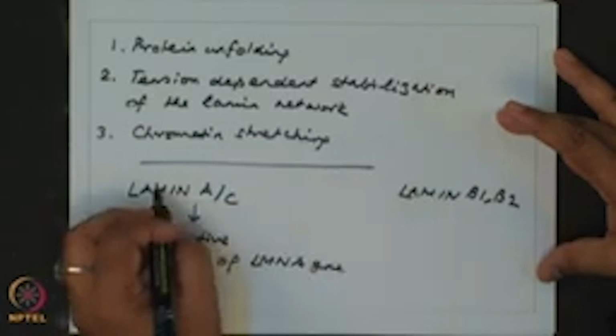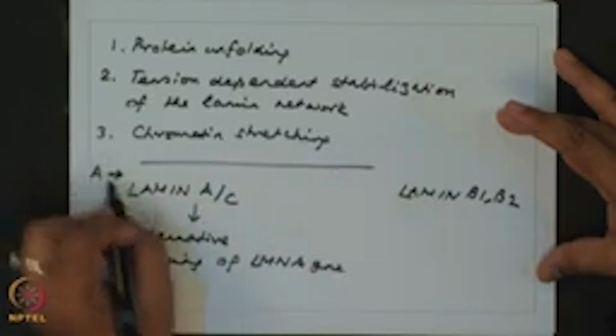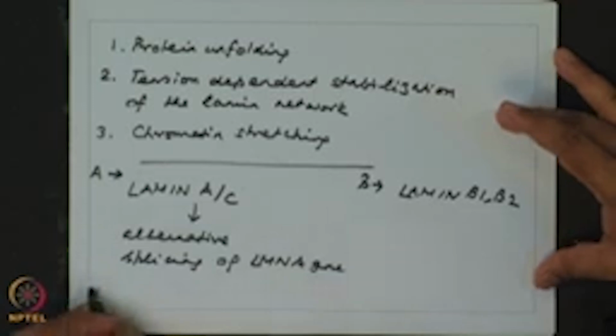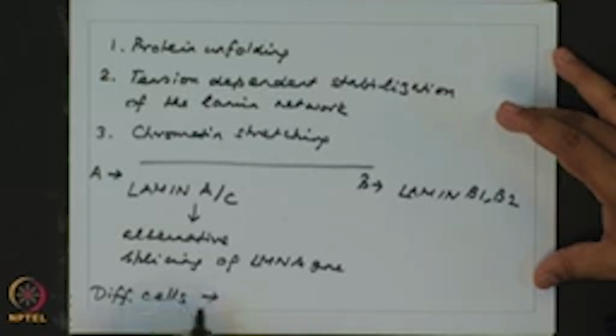So, you have A type lamins and B type lamins. Most differentiated cells express lamin AC.